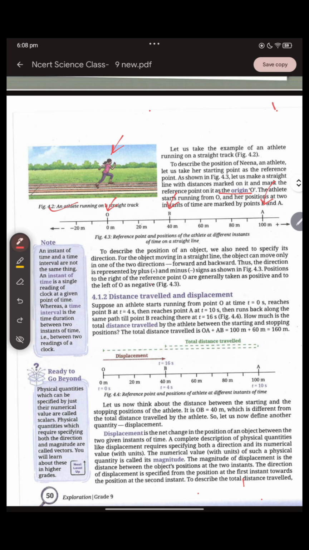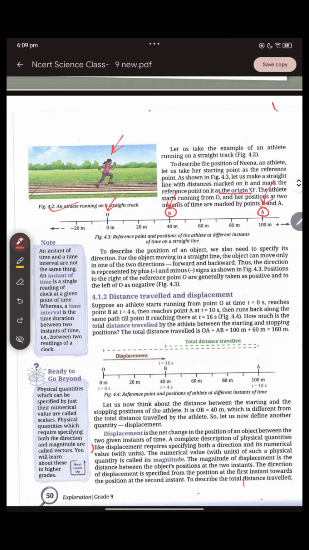But if I say there is a time interval, that means there is a time gap. Say T1 to T2, there is a time gap, and that time gap is known as the time interval, T2 minus T1. So at a particular instant, the position is B and the position is A after she starts from O.